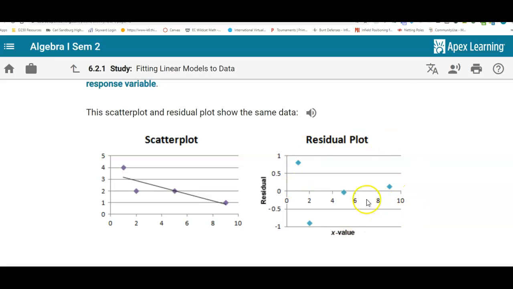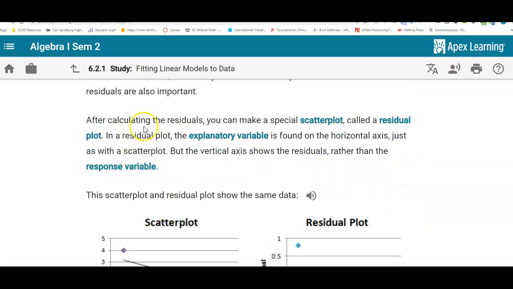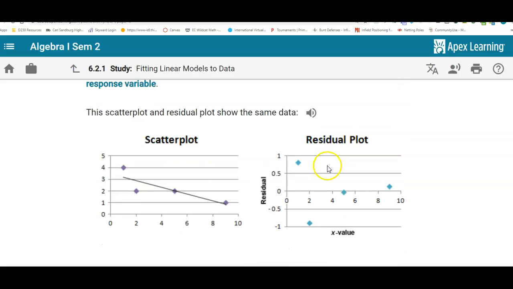Here is your residual plot. In a residual plot, the explanatory variable, or x, is found on the horizontal axis, just as in your scatter plot. But the vertical axis shows the residuals rather than the response variable. So here's what we see. This would be your residual plot.